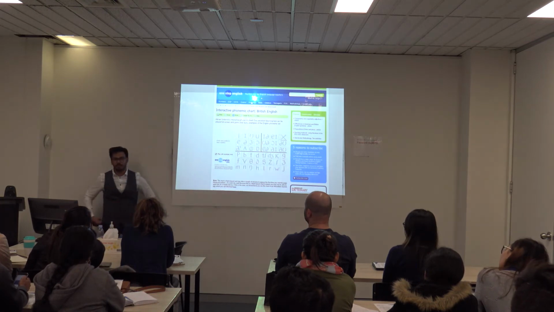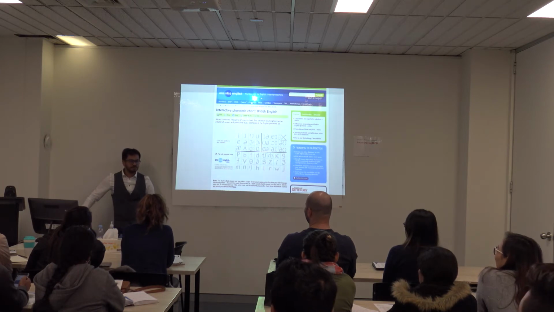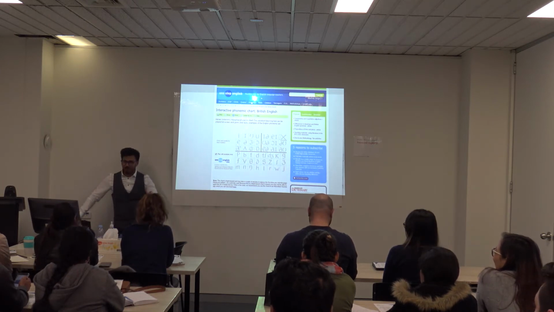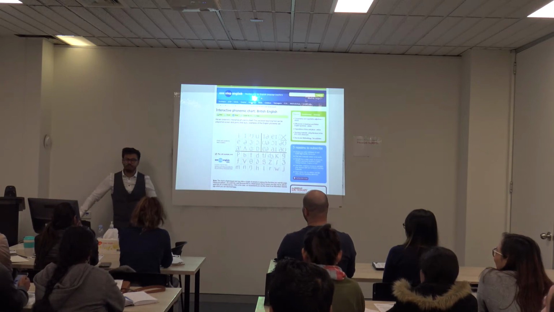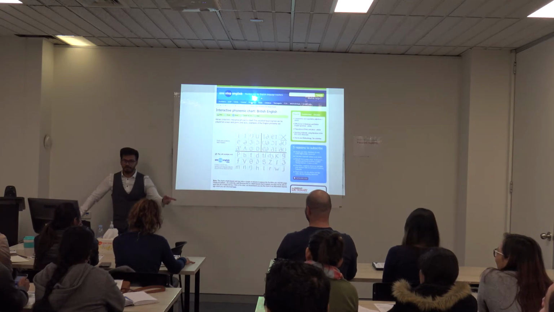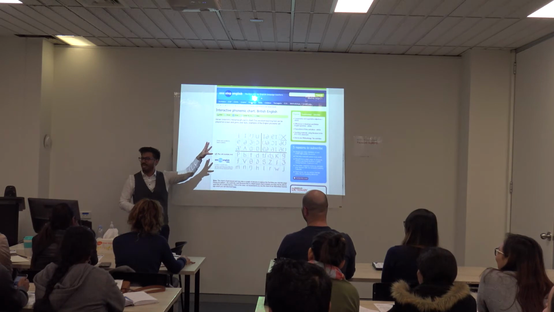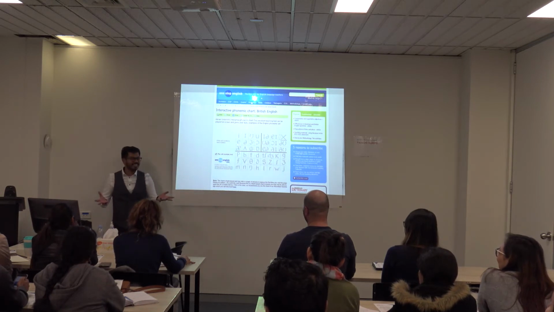It changes meaning also. If I say let's go to the beach and get on to the sheep, compared to let's go to the beach and get on the ship, one is going to the beach and getting on a ship and going away, the other one is animal cruelty.